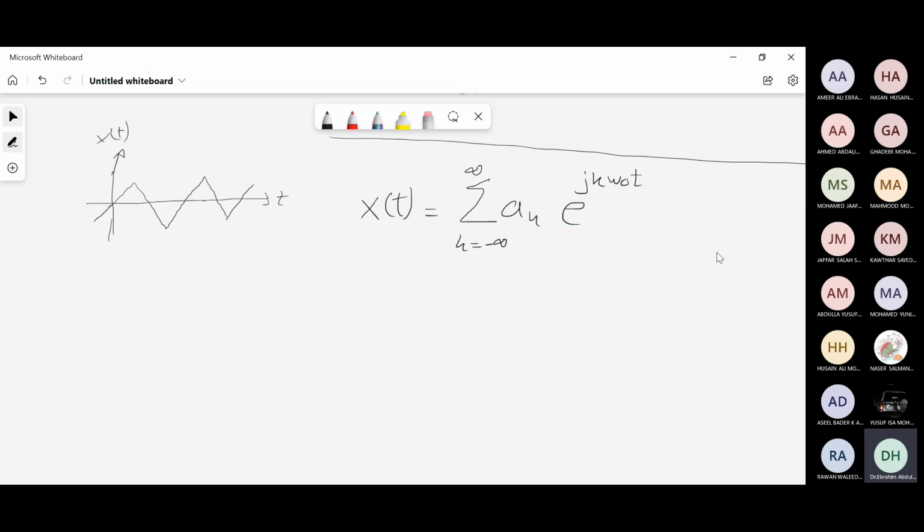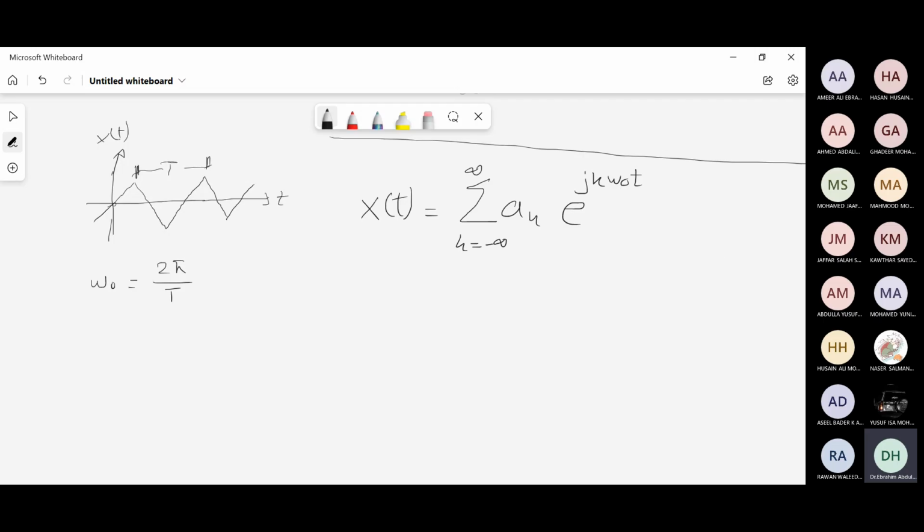Omega naught is very easy. You can get it directly from x of t, it is equal to 2 pi divided by the period. So you need to find the period of this signal, which could be from here to here, or from 0 to this point, it's the same thing.